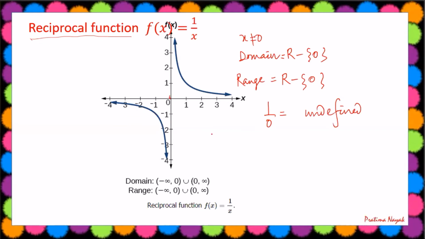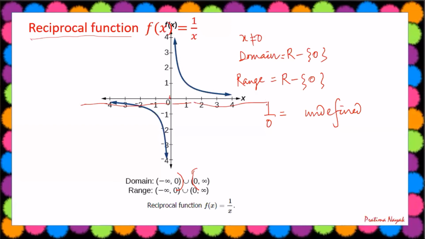So how to write the domain? The domain is equal to minus infinity to 0, but 0 is not included, so a parenthesis is given. Similarly, union 0 to infinity, and 0 is not included. Similarly, the range remains the same, negative infinity to 0. The x-axis is coming up to this, again it is starting after 0, not at 0.